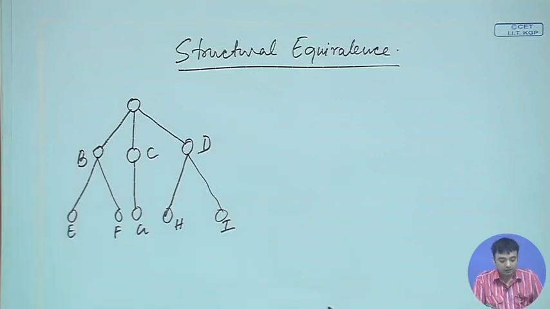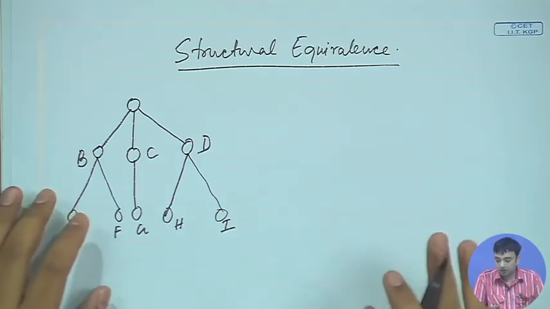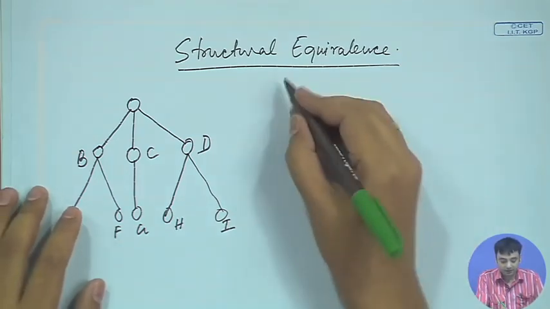So, given this Wassermann-Faust graph, in the context of this graph and in general any graph, structural equivalence is basically defined as follows.